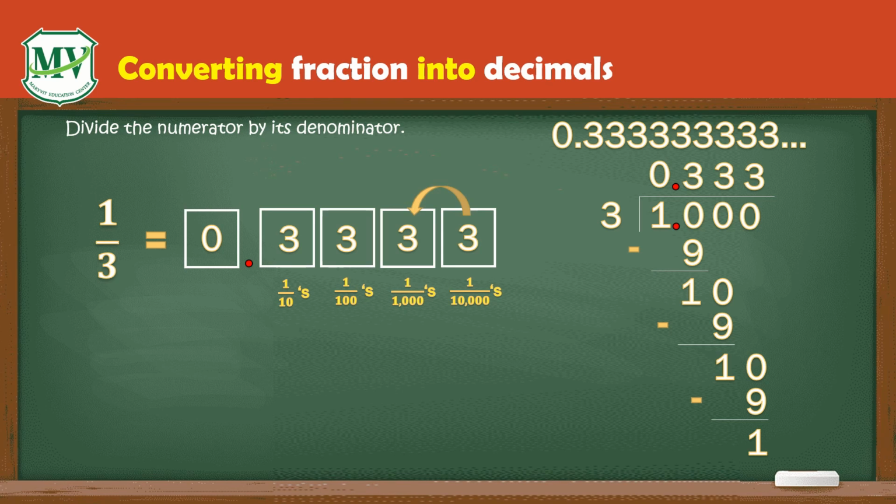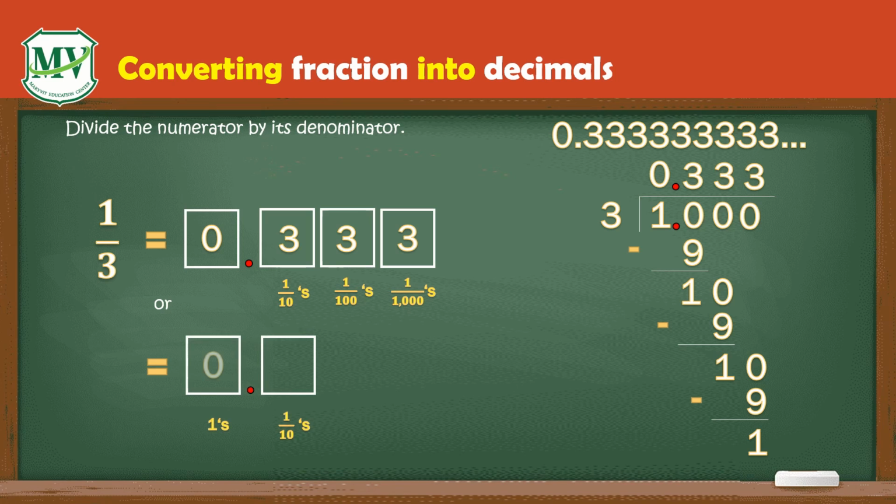Then round off the 1000th place. The 10,000th place is 3, so our 1000th place remains the same. Our answer is 0.333. Or you may write 0.3 and draw a bar above 3 to show that it is a repeating number that goes on and on.